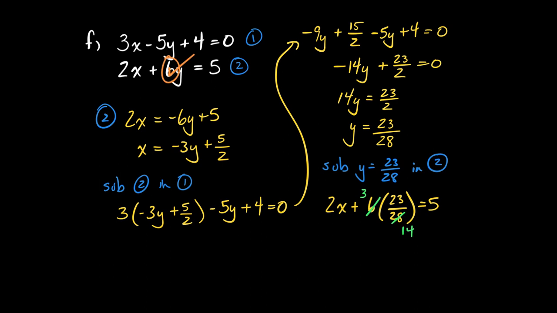So that one became the one that I wanted to choose. Now when I go through to simplify that equation, I'm going to get smaller values. I'm going to multiply 3 times 23. That's a 69/14. And so I'm going to end up dealing with smaller numbers.